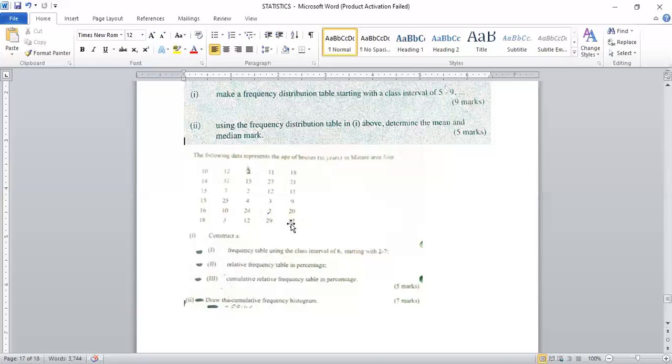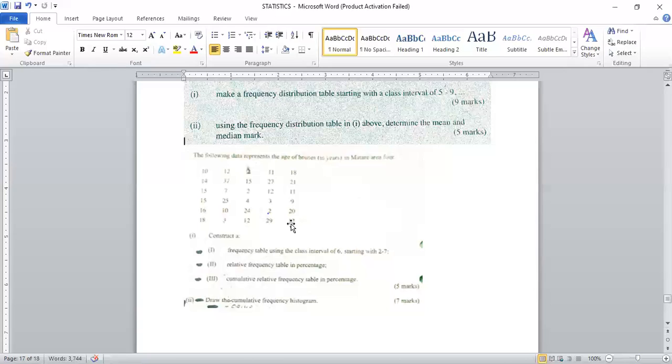That means the total frequency here is 30. Are we together? So if the total frequency is 30, and your first class got 2 as the frequency, then to find the relative frequency, it is supposed to be 2 divided by 30. Are we together?